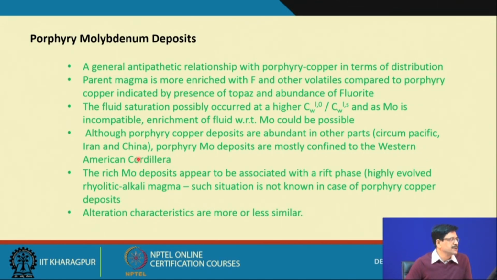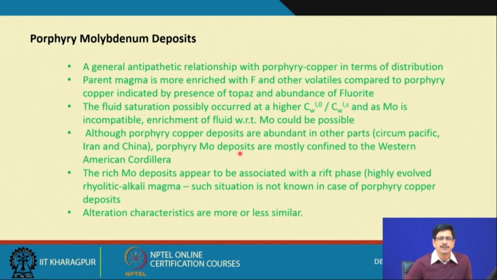Porphyry molybdenum deposits generally have an antipathetic relationship with copper in terms of distribution. In areas like the Chilean Andes or the regions in the West American Cordillera where porphyry copper deposits dominate, we do not see much molybdenum. Examples are the Climax and Henderson deposits in Colorado, which are rich molybdenum deposits not in very close spatial association with porphyry copper deposits.